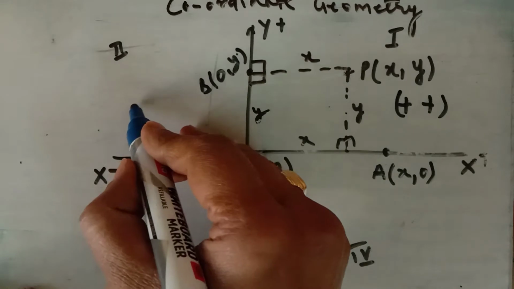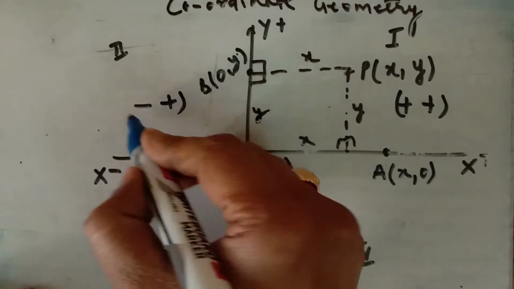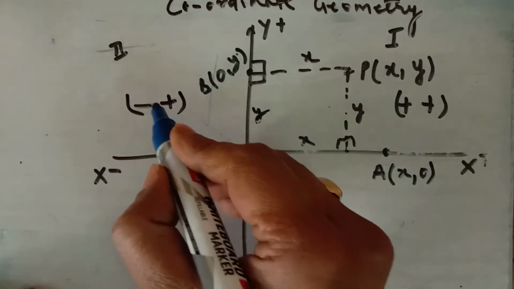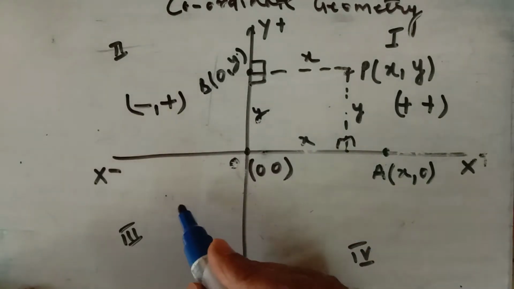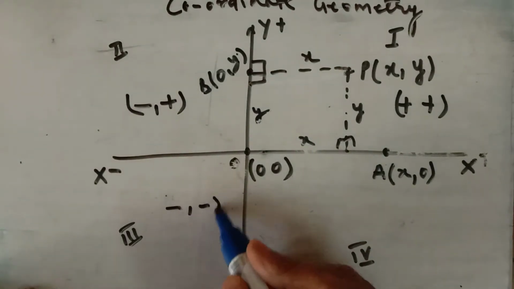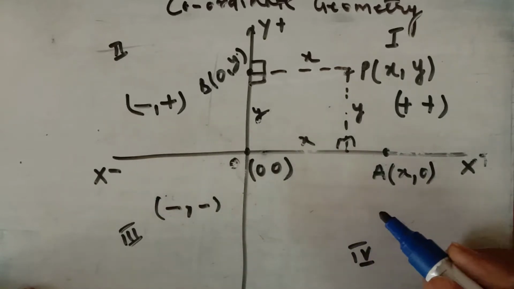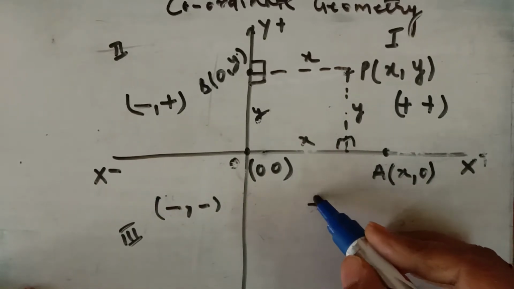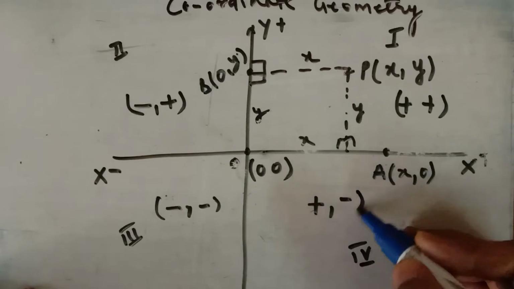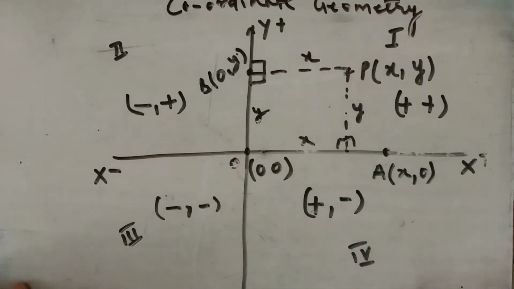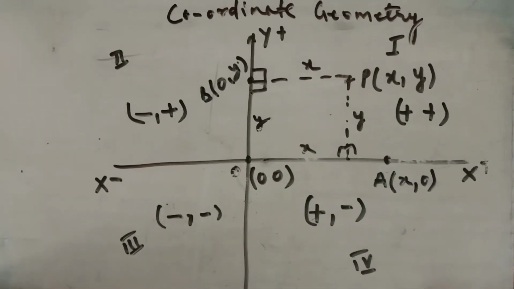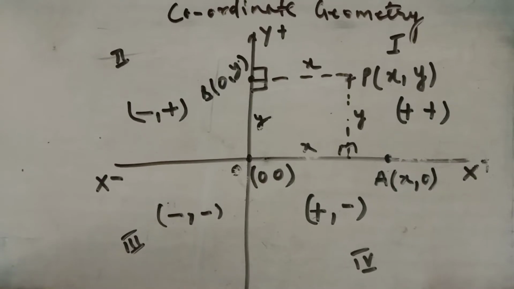In the second quadrant, the x coordinate is negative and the y coordinate is positive. In the third quadrant, the x coordinate and y coordinate both are negative, and in the fourth quadrant, the x coordinate is positive and the y coordinate is negative. So this is the representation of any point in the rectangular coordinate system.